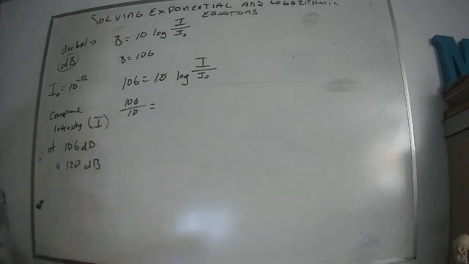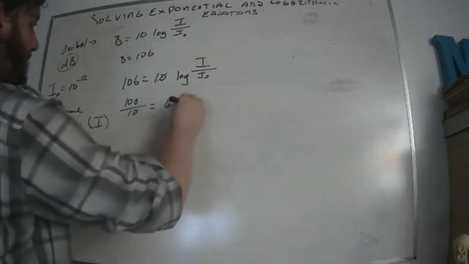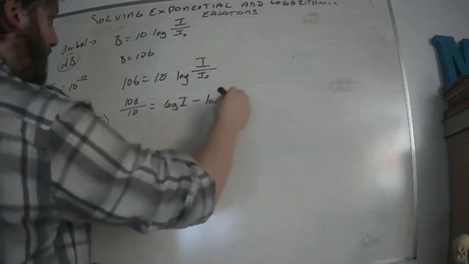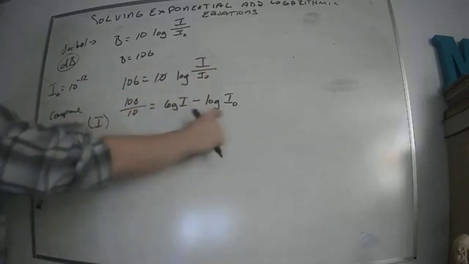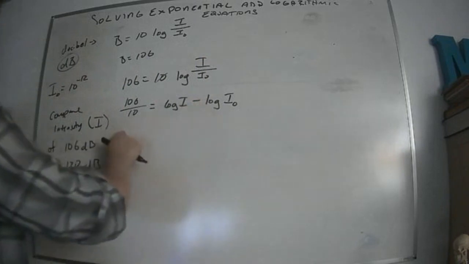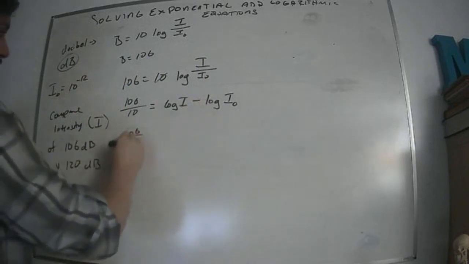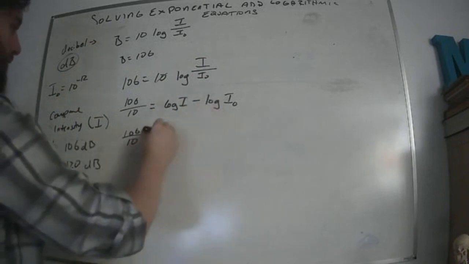And I will use the law of logarithms to say that it's log I minus log I naught. If you divide inside the log, you're subtracting the logs according to the law of logarithms. And now I can move this to the other side. I add this.